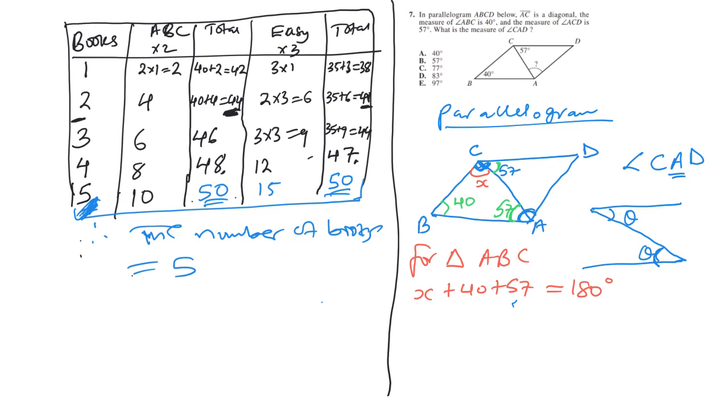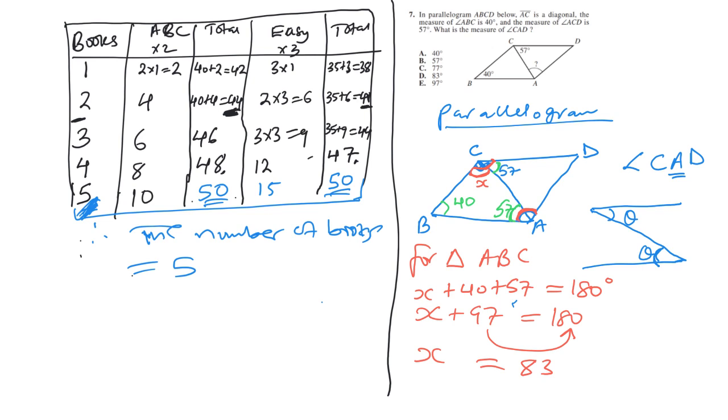So let's solve. 40 plus 57 is 97. So X plus 97 is equal to 180. Now we take this to the other side, and we have 180 minus 97, giving us X as 83. So this is equal to 83, but the whole of this angle must be equal to this angle.